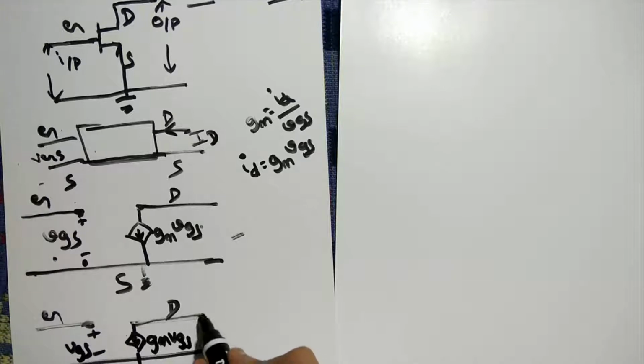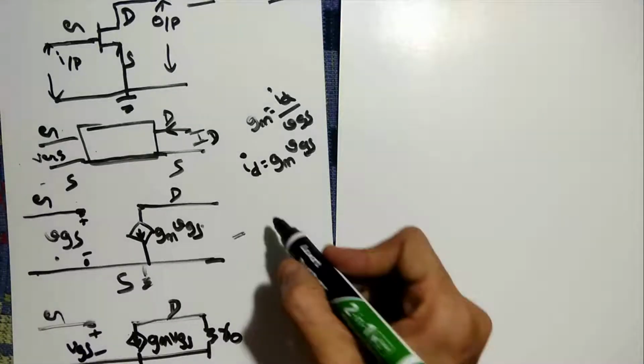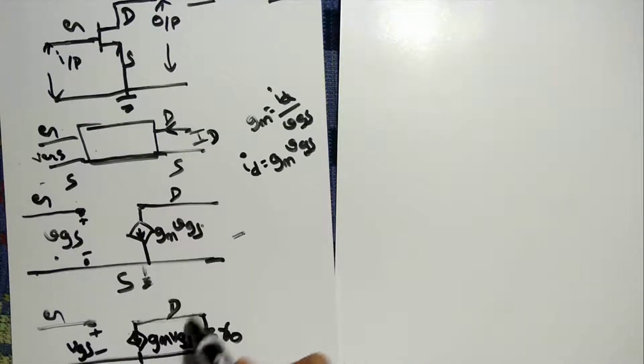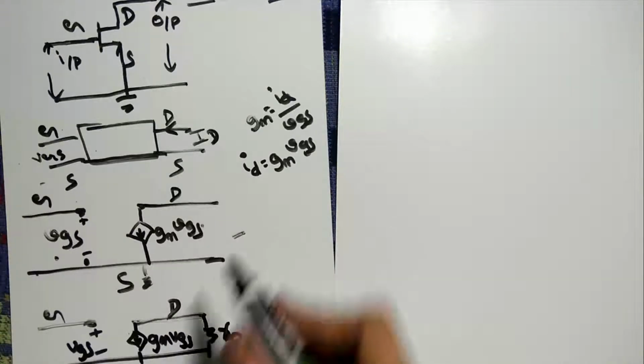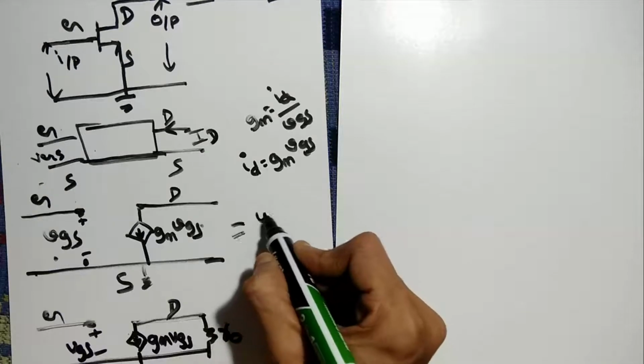Now here we can include one more small resistance, which we call with a small letter r0. This is the AC internal resistance. If you talk about capital R0 or RD, that is the external resistance which is connected, but this is not shown in any circuit. This is internal resistance. So the above circuit is known as the small signal model without R0.